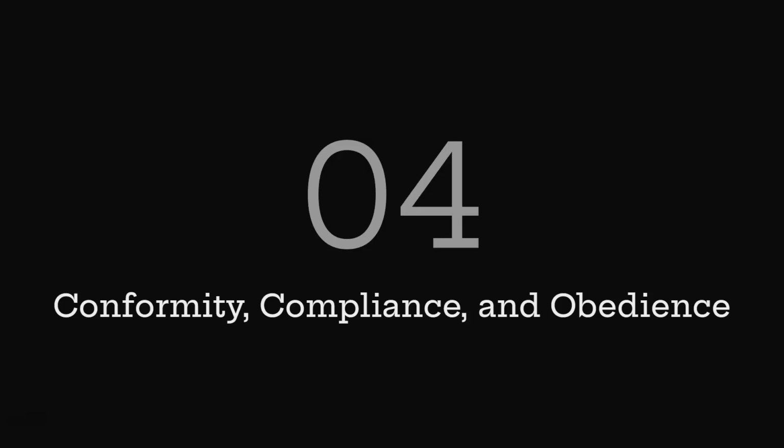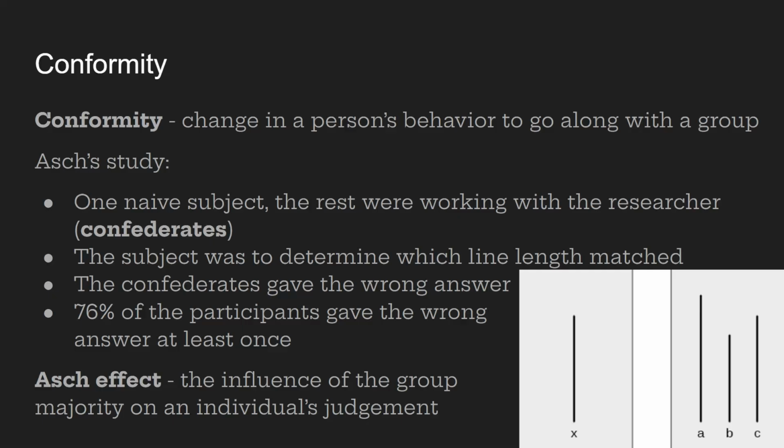The fourth chapter is about conformity, compliance, and obedience. Conformity is the change in a person's behavior to go along with the group. Asch's study had one naive subject and the rest were working with the researcher. People who are working with the researcher and act as subjects are called confederates. The subject was to determine which line length matched.